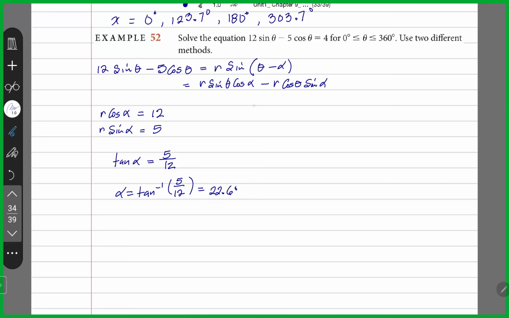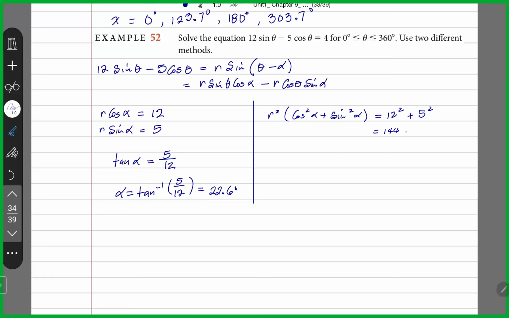So now we need r. We know that r squared times cos squared alpha plus sine squared alpha is equal to 12 squared plus 5 squared, which is 144 plus 25, equal to 169. So r squared is equal to all of that.